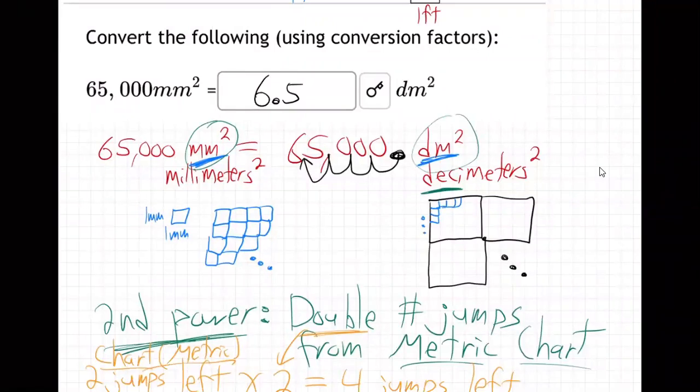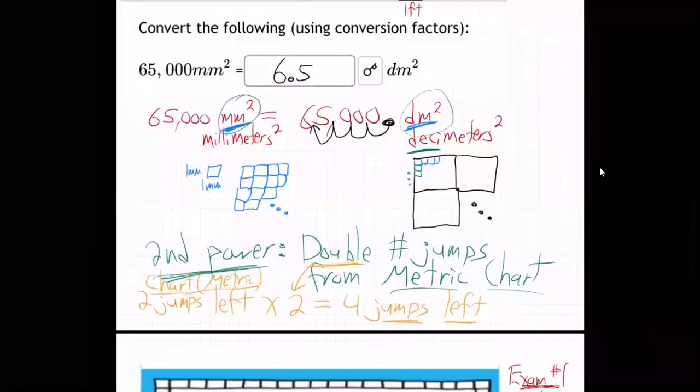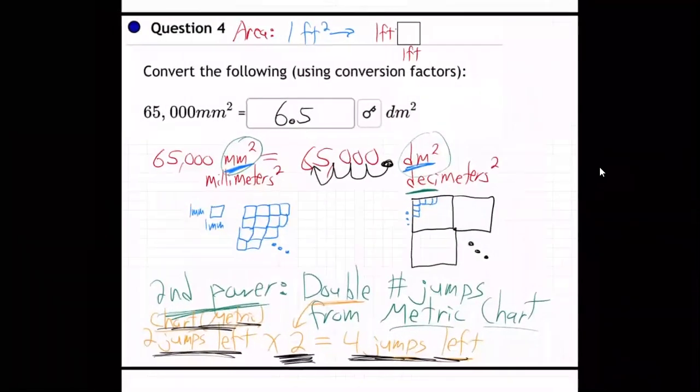So it's 6.5 square decimeters. So you see how that worked? From the metric chart, it was 2 jumps left, but then I doubled it because these are square units. So it ends up being 4 jumps to the left. 6.5 square decimeters is the answer.